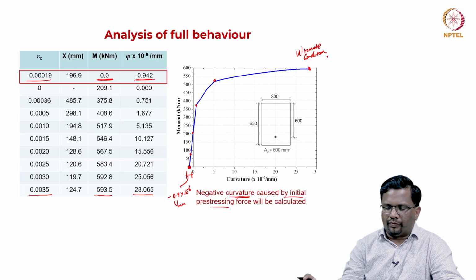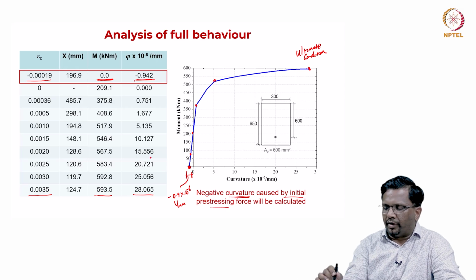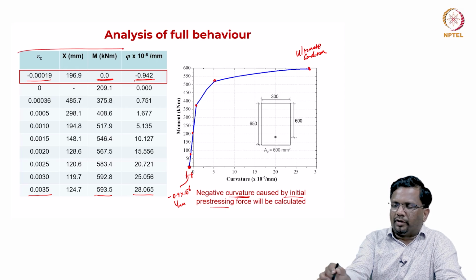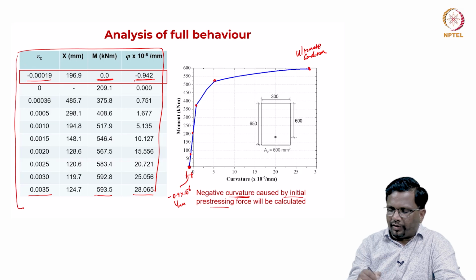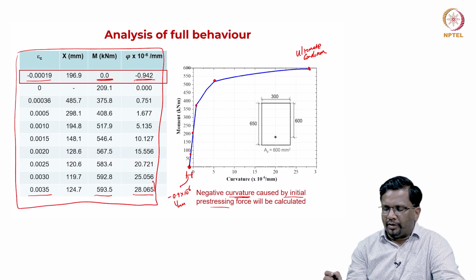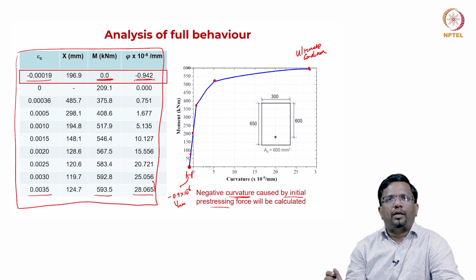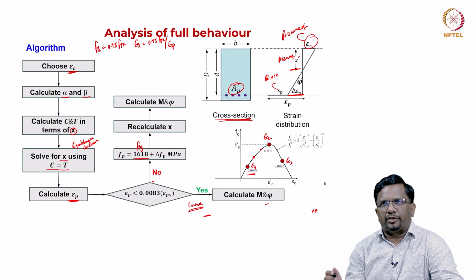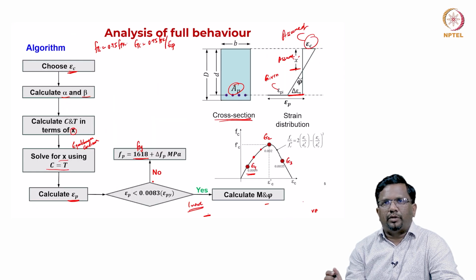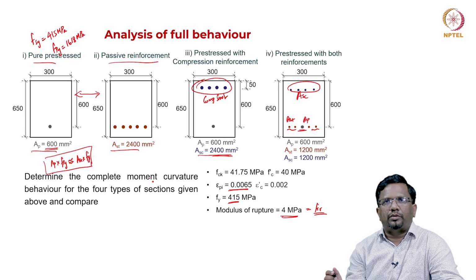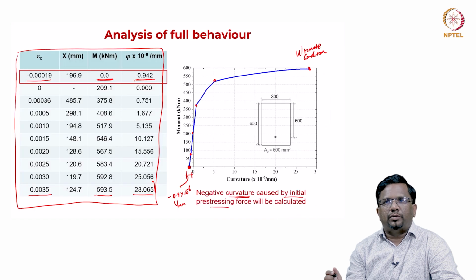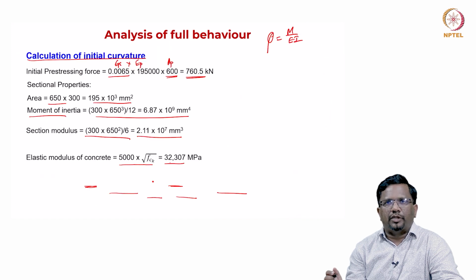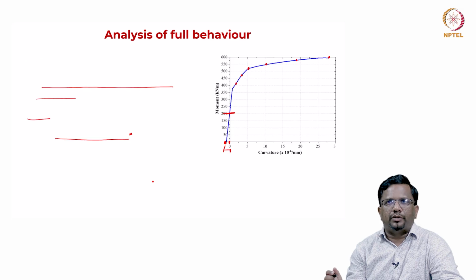So, this way we got the entire curve, this is how we get the entire set of points. Now, let us see the pure prestressed section. So, we went through all these things.